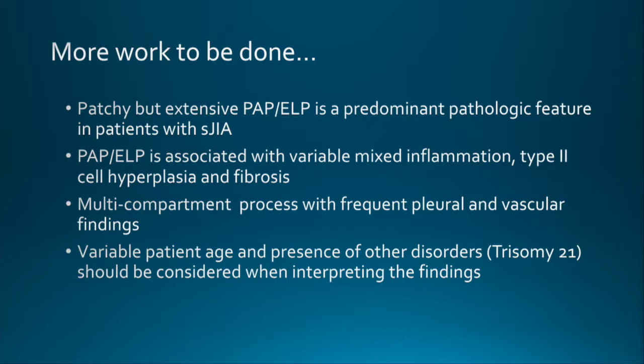That being said, this is a multi-compartment process with very frequent pleural as well as vascular findings. And the things we really need to keep cognizant of as we take a deeper dive into these patients is that the patient's variable age and presence of other disorders like trisomy 21, where they frequently have subpleural cystic change, should be considered when we're interpreting these findings.